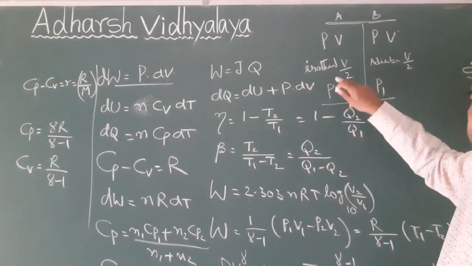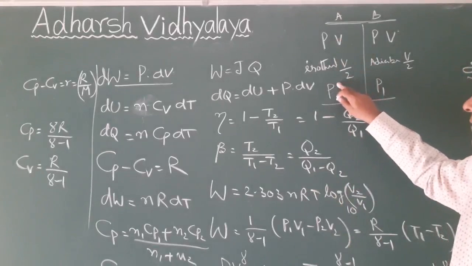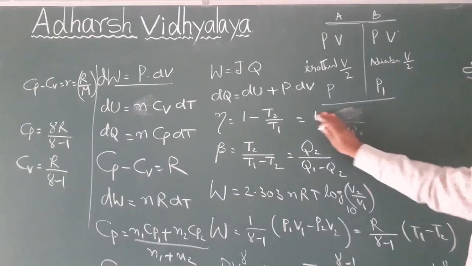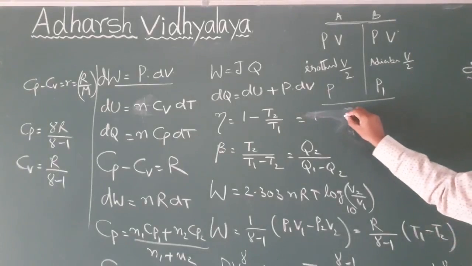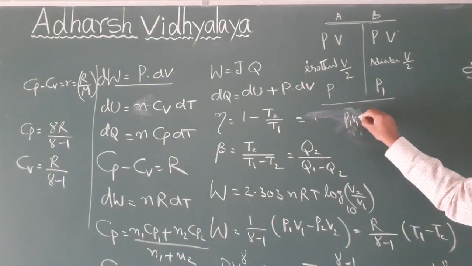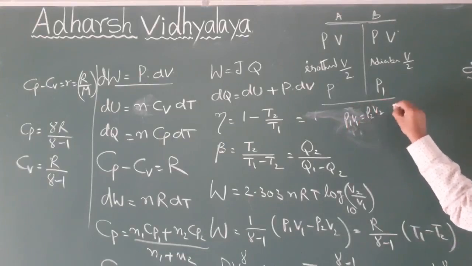The first gas is compressed isothermally, so P1 V1 is equal to P2 V2.